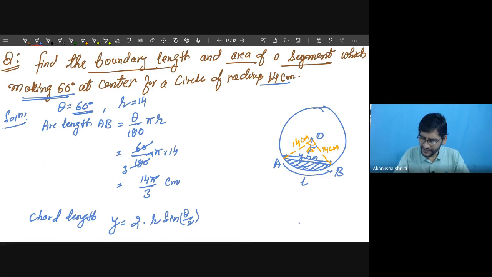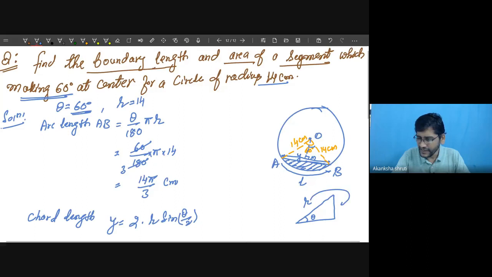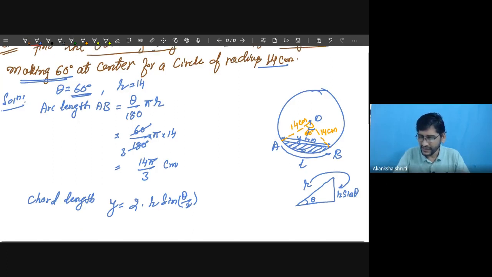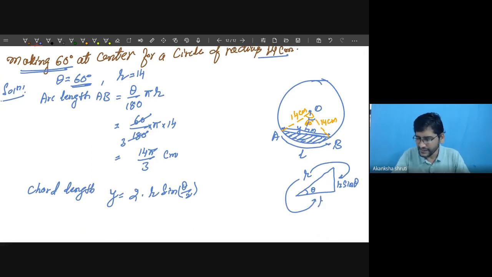And the best way, even in physics we use this: if this is the R and this is the theta, the perpendicular P is obtained by multiplying this R by sine of theta, and the base B is obtained by multiplying this R with cos of theta. It is like this.